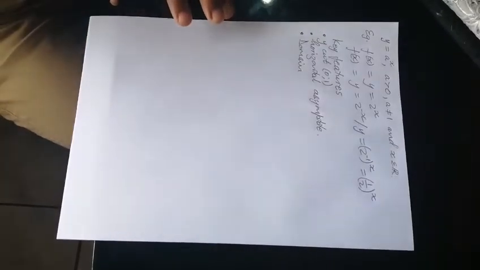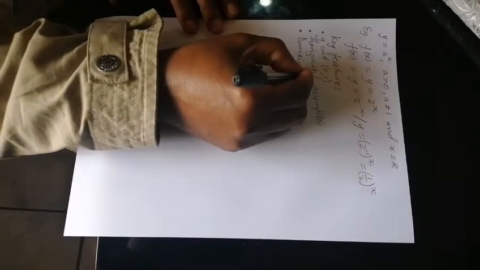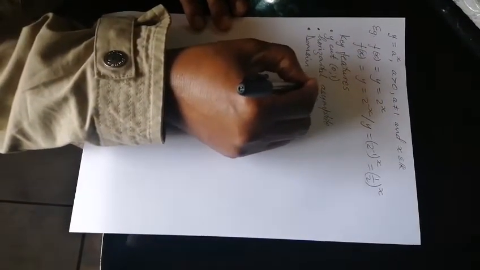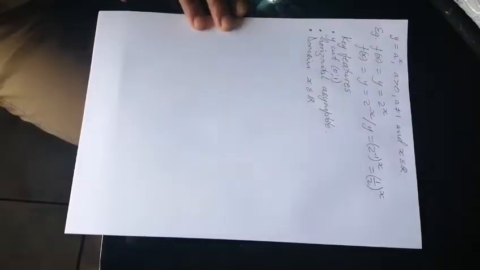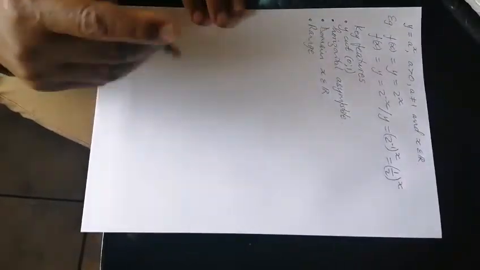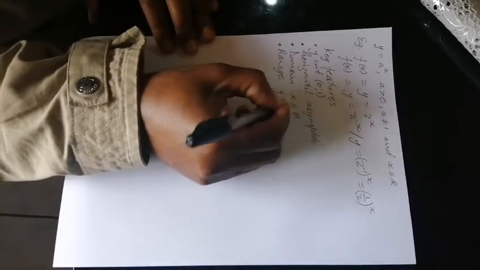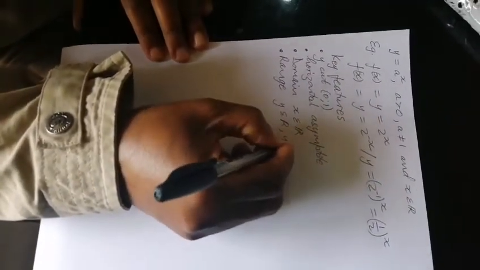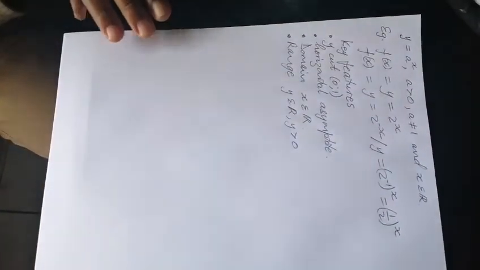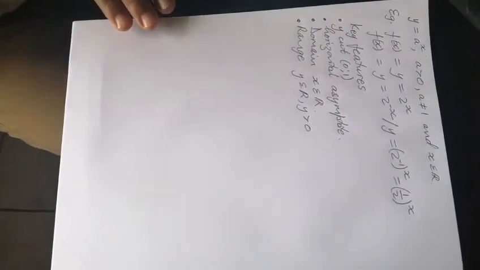Exponential functions have the domain as x is a member of real numbers, and the range is y is a member of real numbers, but our y is greater than 0. Very, very important for us to always remember.